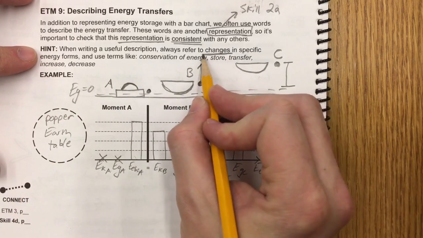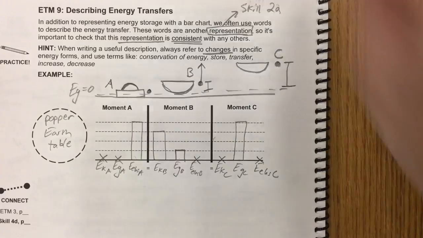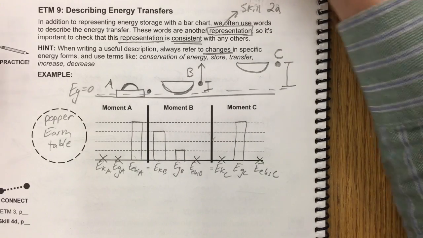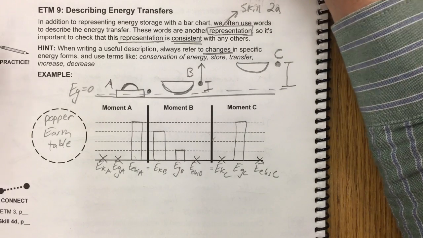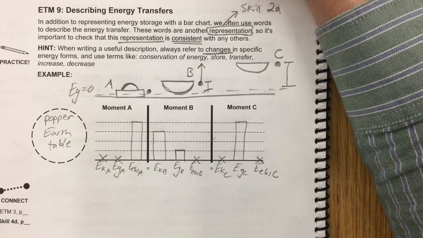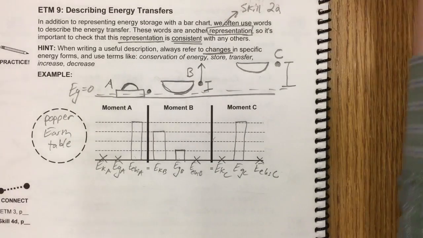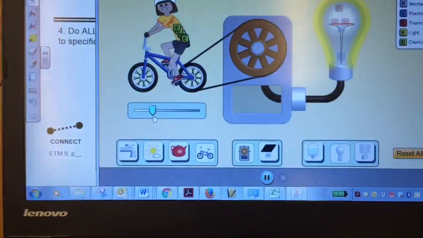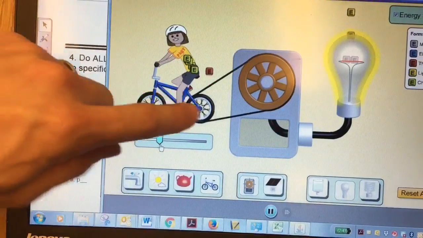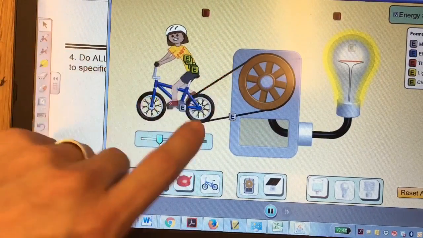This is what we tried to practice when we were paying attention to that simulation, where we were saying, as that girl is riding the bike, chemical energy transfers to mechanical energy or kinetic energy.